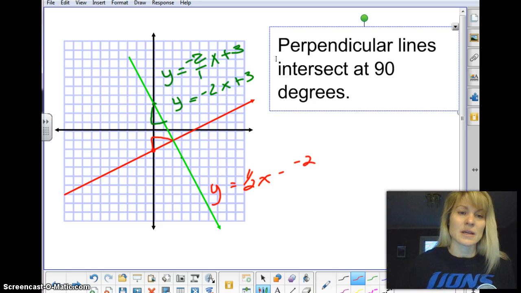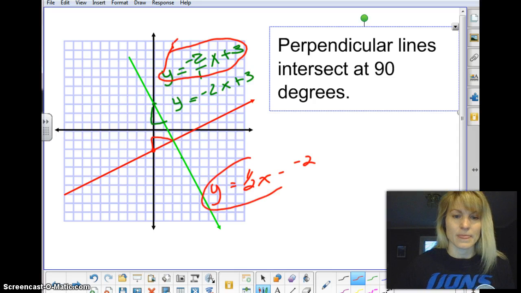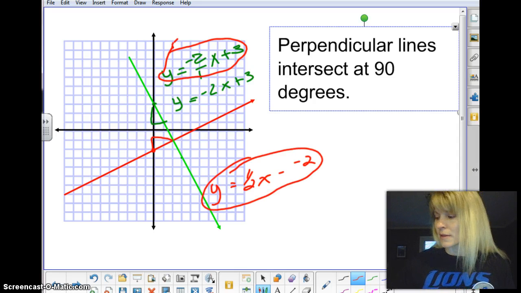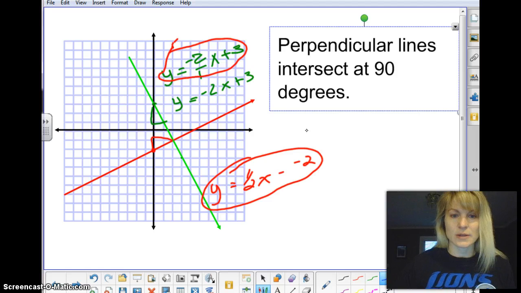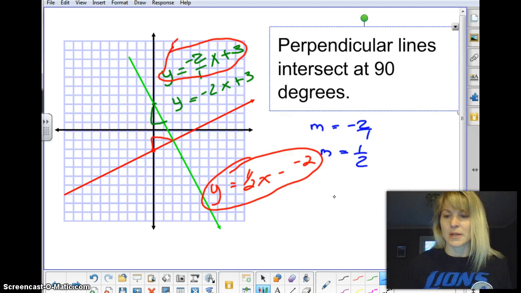So if we look at these two equations, hopefully you notice something about the slope. The slope of this first one is negative 2 over 1. The slope of the second one is 1 over 2. So you should notice something significant about these numbers. They're the reciprocal.